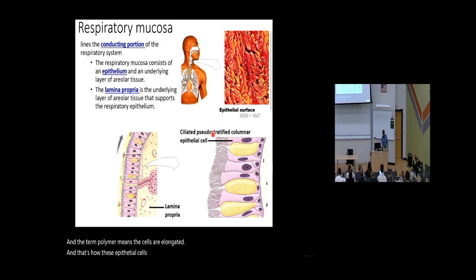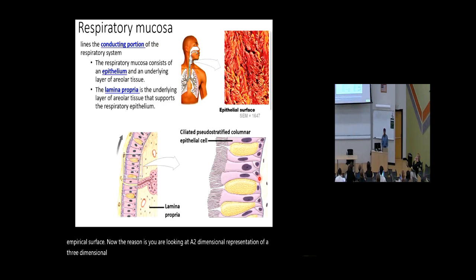So let's go back to this term pseudostratified and understand why it appears to have many layers but it's only got a single layer of cells. If you notice this cell here, it's starting from the basal surface and it reaches the apical surface, or the lumen, right? Whereas the cells right next to it, it looks like they're not reaching the apical surface. Now the reason is you are looking at a two-dimensional representation of a three-dimensional structure.